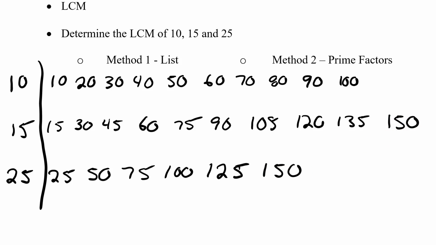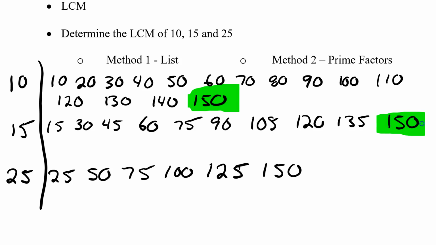Let's check my third number. 110, 120, 130, 140, 150. There we go. We found it. Continued all three lists until we found the one that matched. So I get 150 in this list, 150 in this list, 150 in this list. Looks like it works.